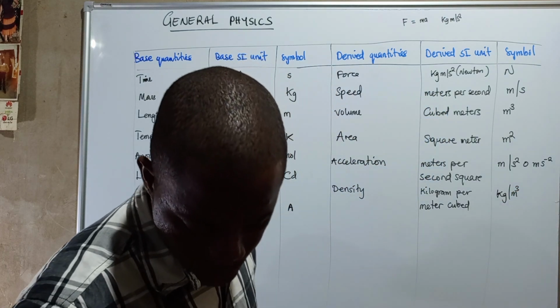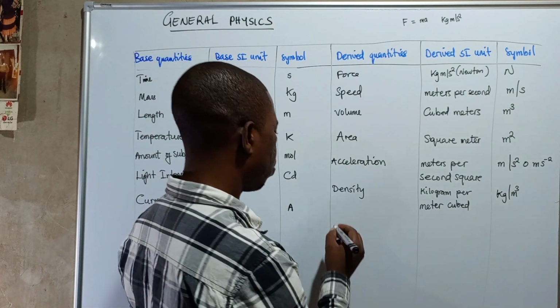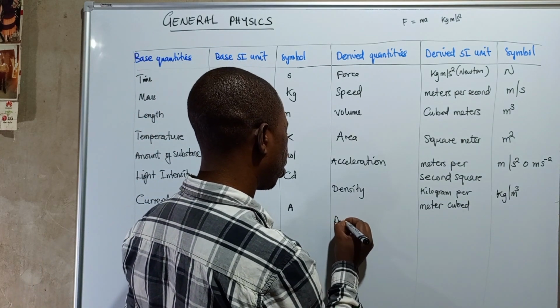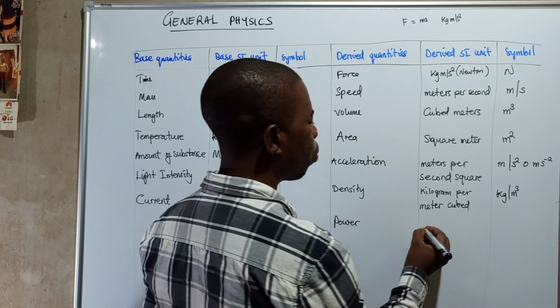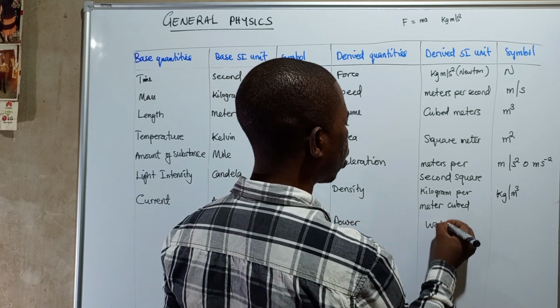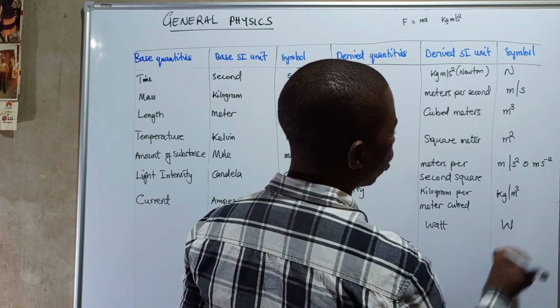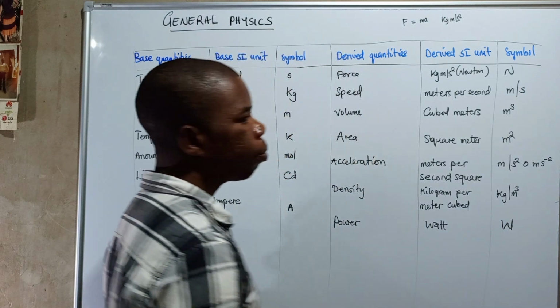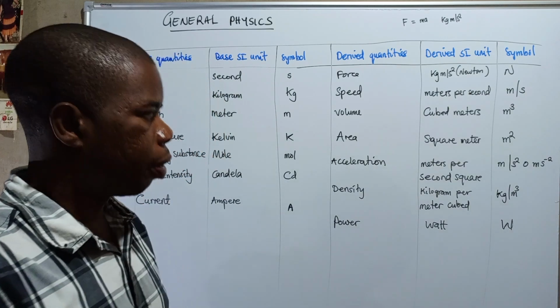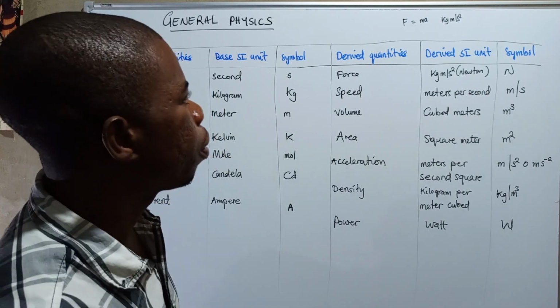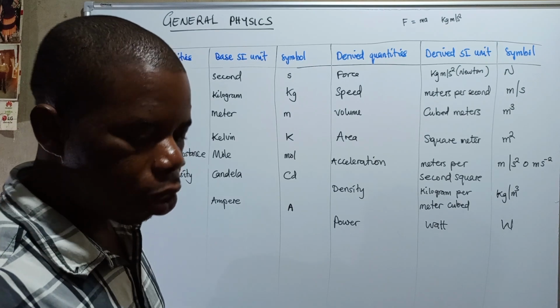Then another one is power. Power is measured in the watt, with capital W. Now, it's very important that you understand these things I've taught you today.